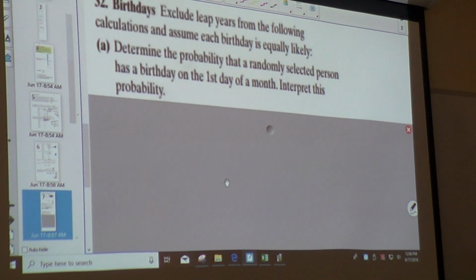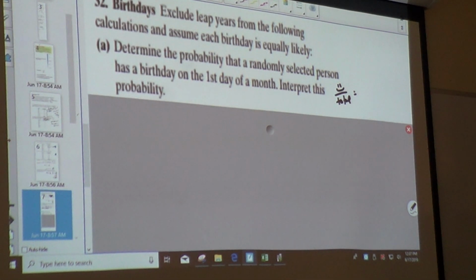Determine the probability, so what makes me happy over total, that a randomly selected person has a birthday on the first day of a month. Let's just set it up. So what makes me happy over total?